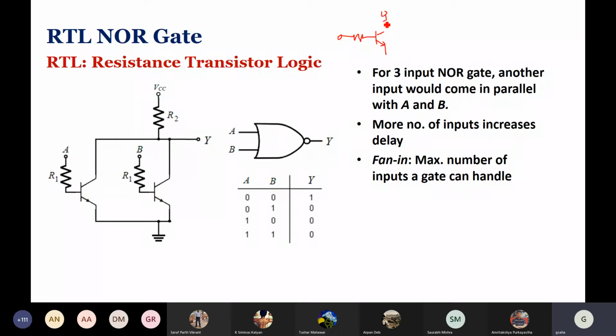This circuit you have seen before. So the input-output relationship was that of a NOT gate, right? But we need a little bit more than that.